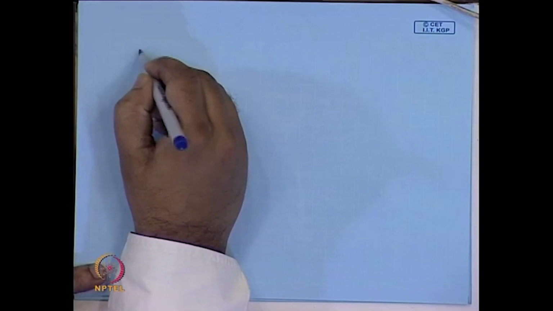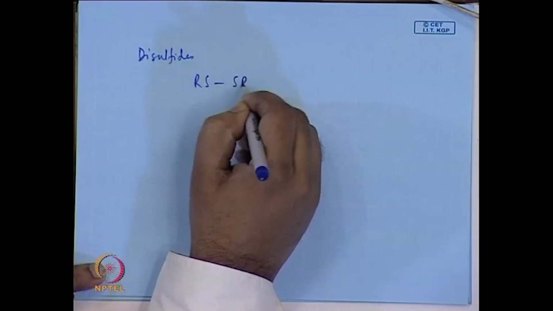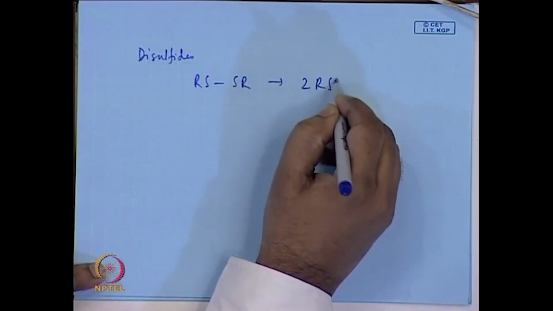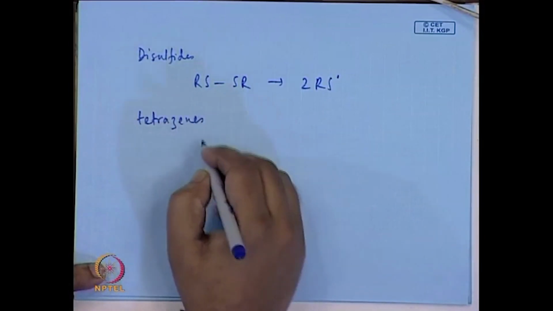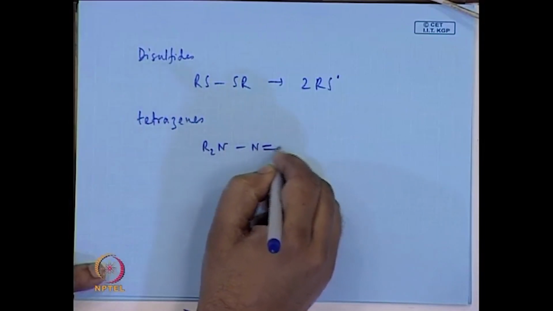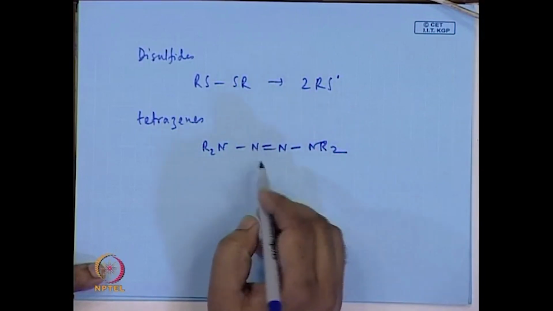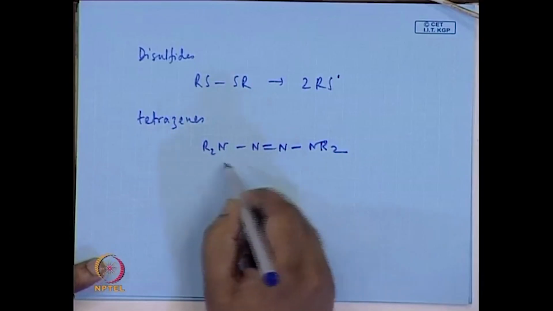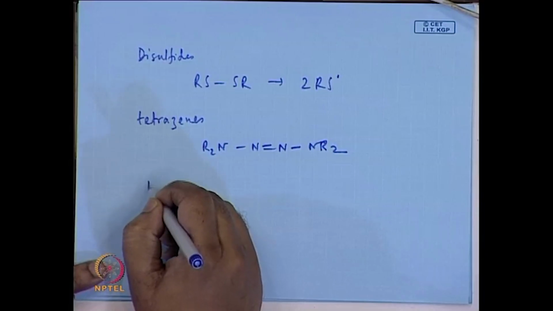The other types of radical initiator are, for example, disulfides. I have RS-SR giving two RS dot, or I have tetrazenes, which break and give R2N dot plus nitrogen, or it could be other peroxides.